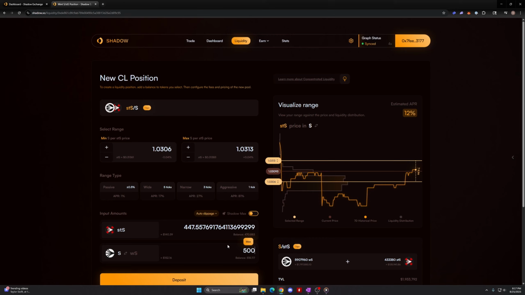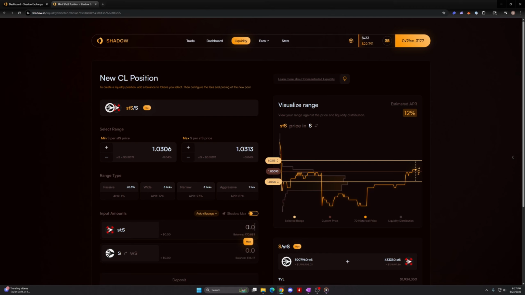When you wake up or whenever you walk away and you come back and you're out of range, you're either going to have a full position of Sonic or a full position of Stake Sonic in your wallet. You're going to do exactly as I did. You want a rough 50%. So say you had 1,000 Stake Sonic, you type in 500 here, and you're going to need around 550 regular Sonic.